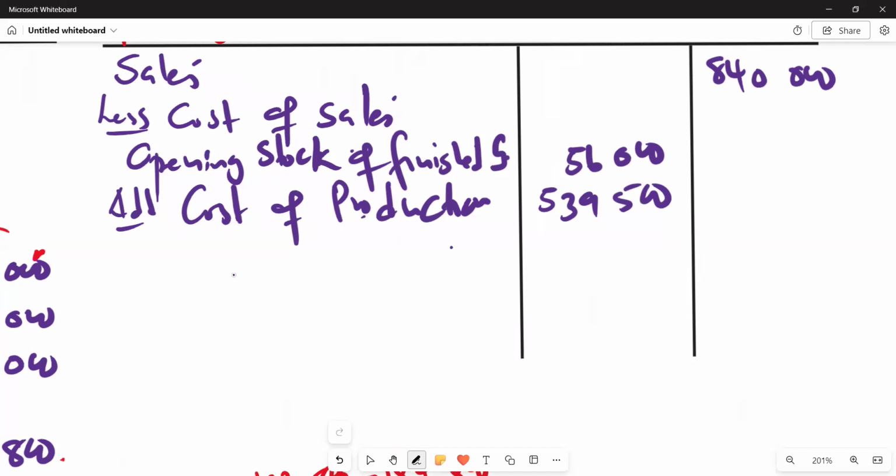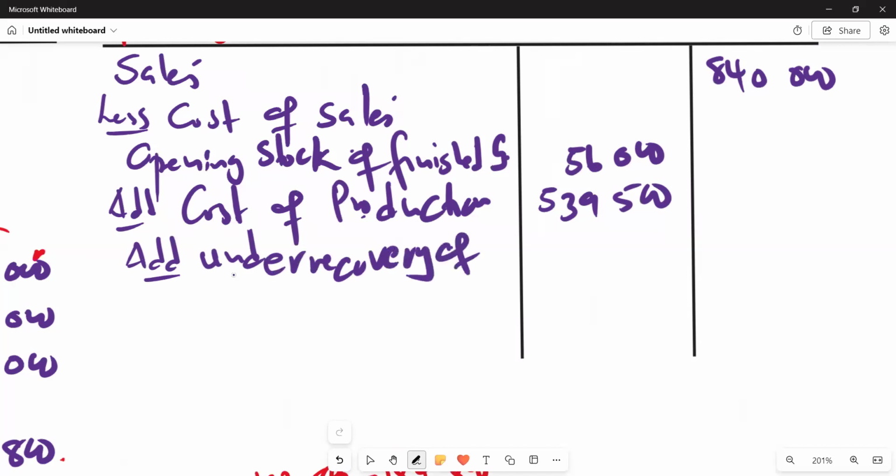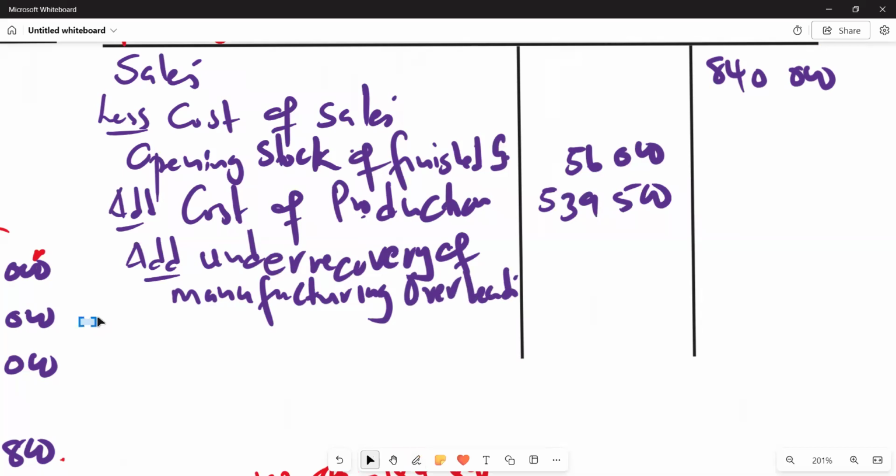Every year now, we are supposed to add under recovery of manufacturing overheads. Remember, we found the under recovery there, under recovery of manufacturing overheads.